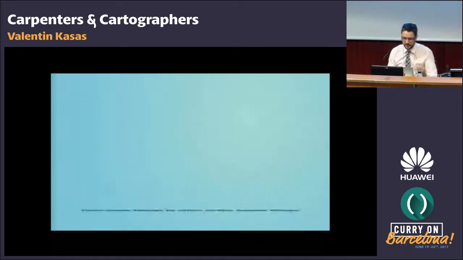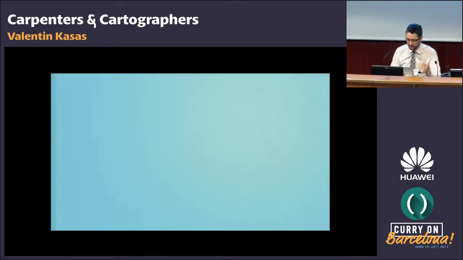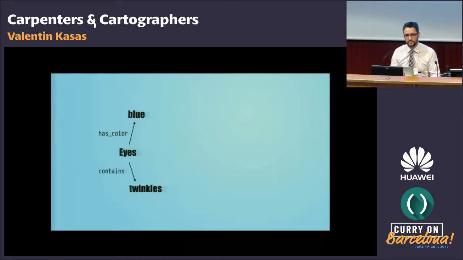So on a schematic representation of that metaphor, we should see that there are eyes that have the color blue, and that contain twinkles on their surface. And on the other hand, we have the sky, which also has the color blue, and that contains stars. And the metaphor maps from the left to the right.